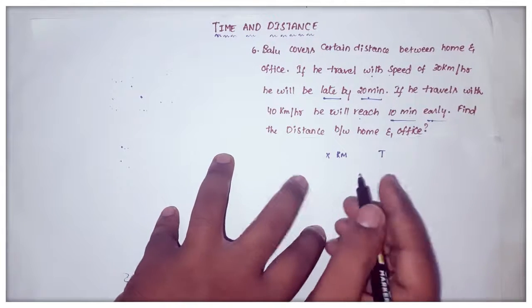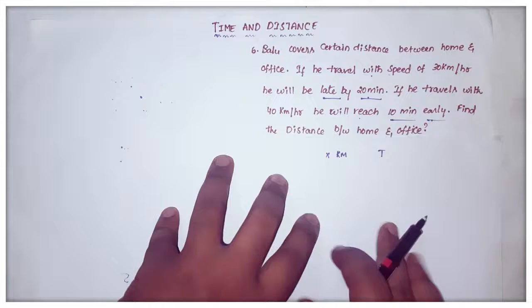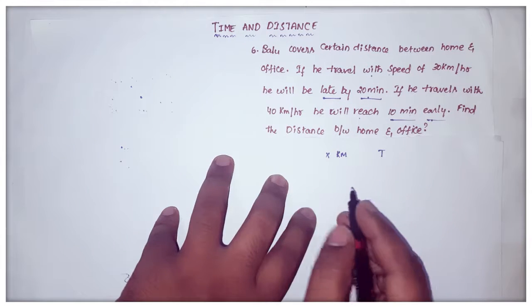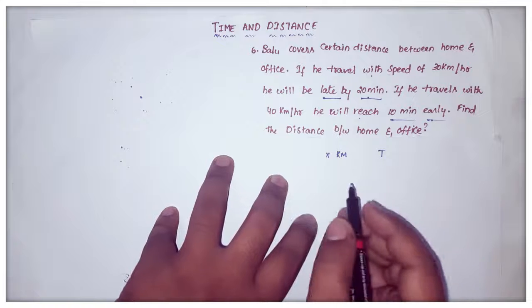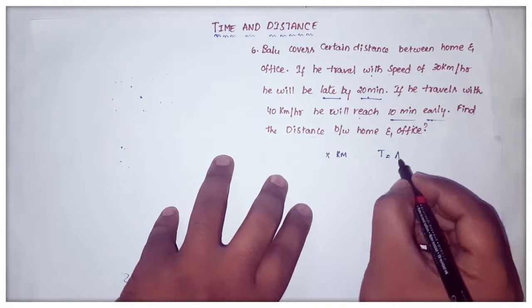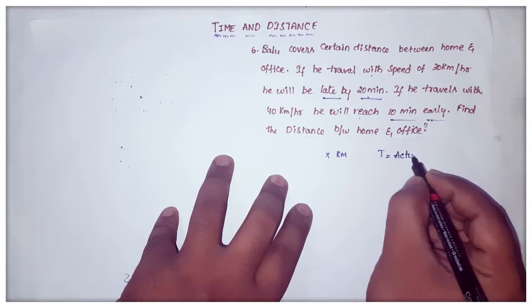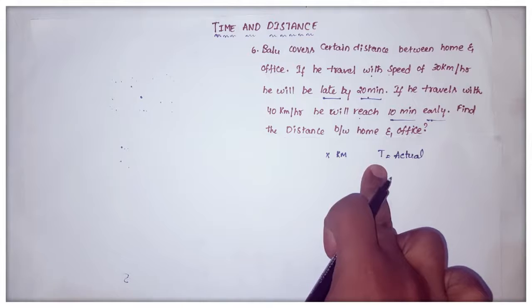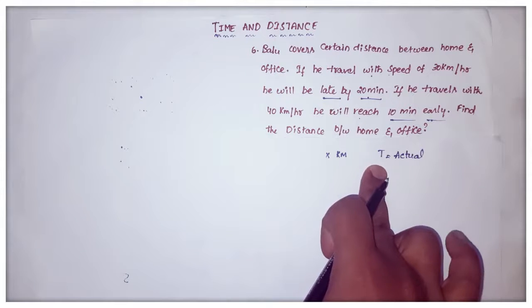So if he travels with 30 kilometer per hour, he will be late by 20 minutes. So we use that statement and let us write down two relations. t is the actual time that he is supposed to be there at office, and x kilometer is the total distance between home and office.